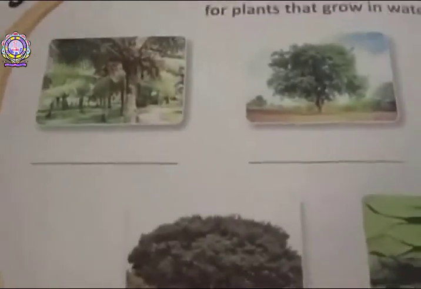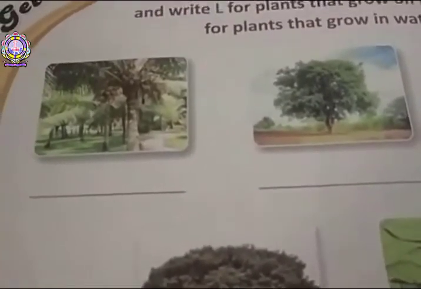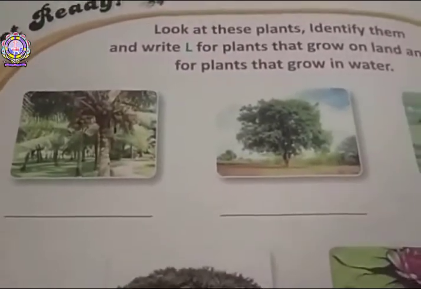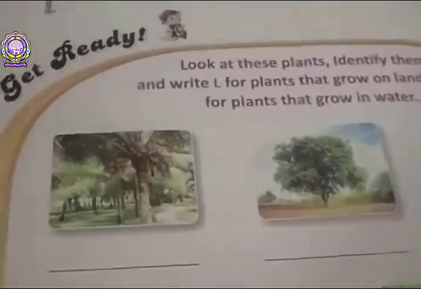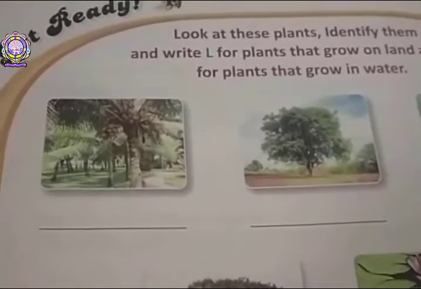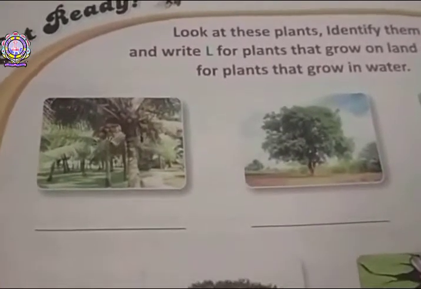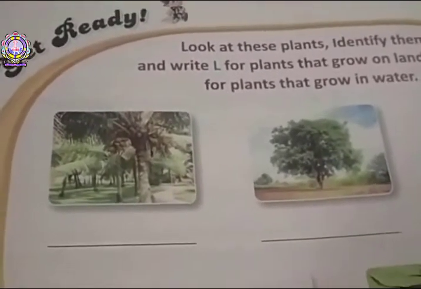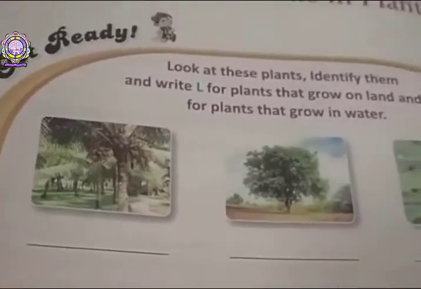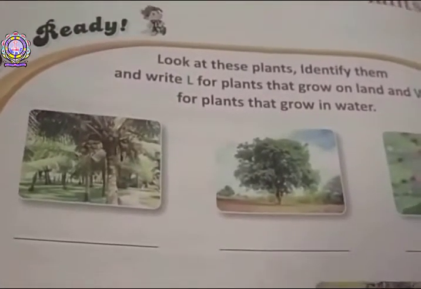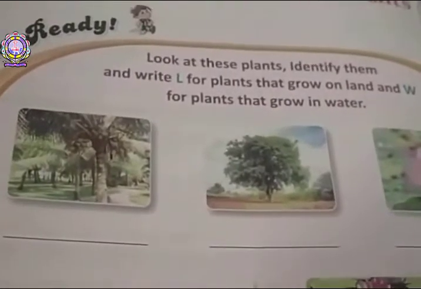The plants which grow on the land, we write L below the picture, and the plants which grow in the water, we write W.